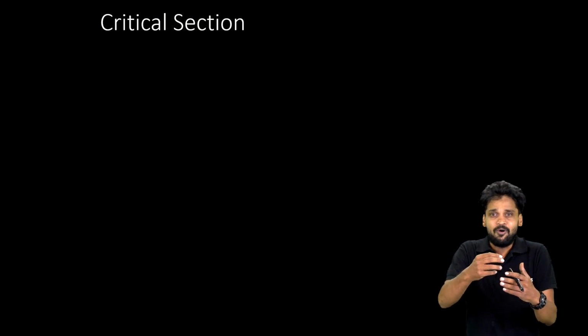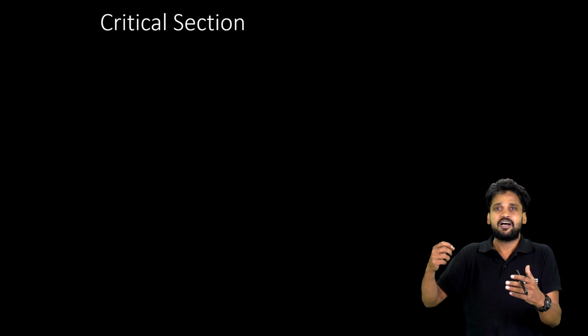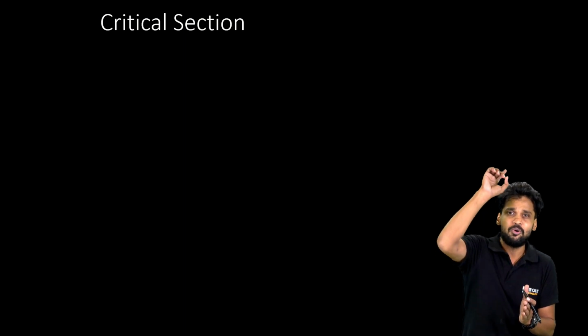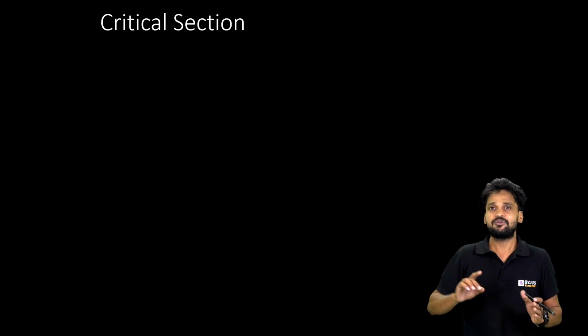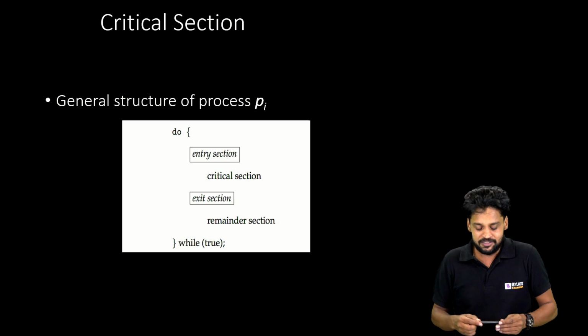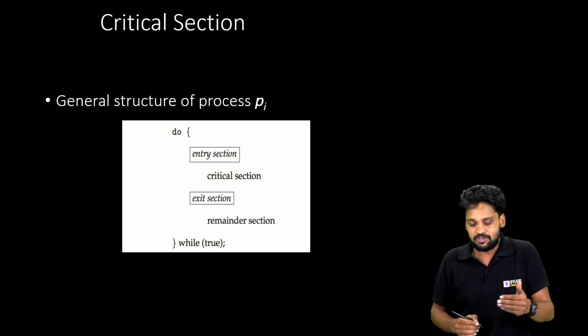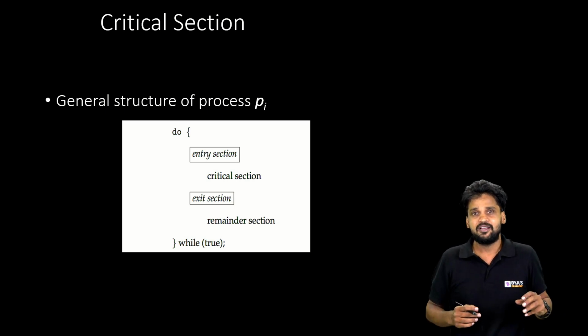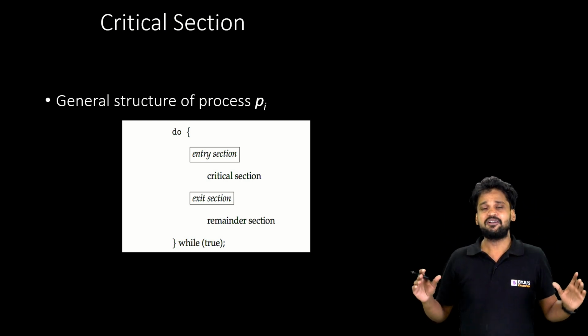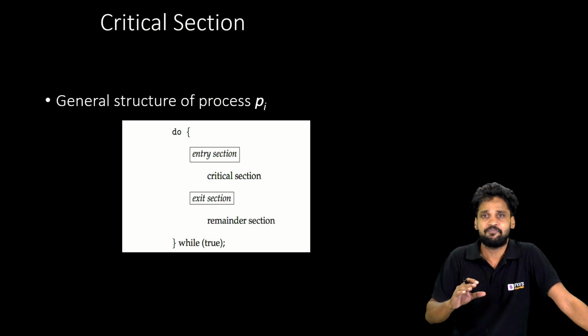So every process, when it wants to update the shared variable, update the shared memory, needs to make sure that it is the only process updating the shared memory. Understand this one. Let us say this is a process. When this process is executing in a specific section of code, that shared memory will be accessed.